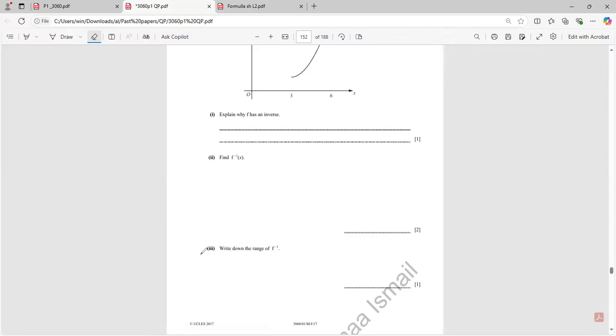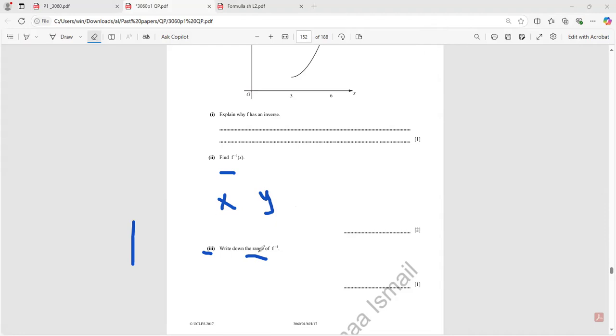Okay, in this question, part III, he asked about the range, and the range is the y-axis of the inverse. The y-axis of the inverse will actually be the x-axis of f(x). We just flip the x and get the y in terms of x in the inverse.